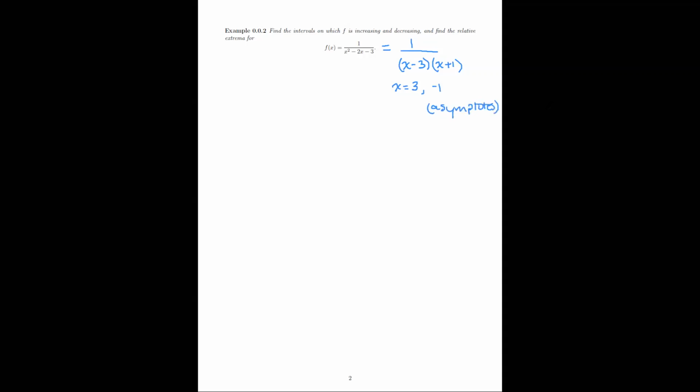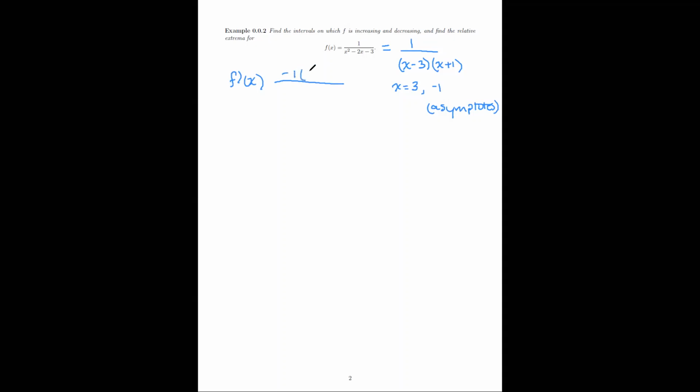Okay. So now that we've found our domain, we're going to go ahead and divide our domain up further by finding the critical points. So how do we find our critical points? Well, let's first find our derivative. So we want to find the derivative of this function using the quotient rule. Our top is low d high. The derivative of 1 is 0, so that actually doesn't even show up.